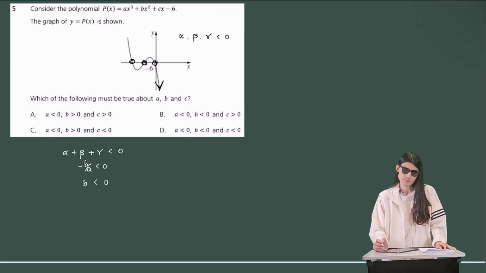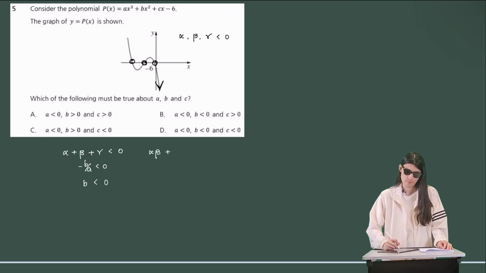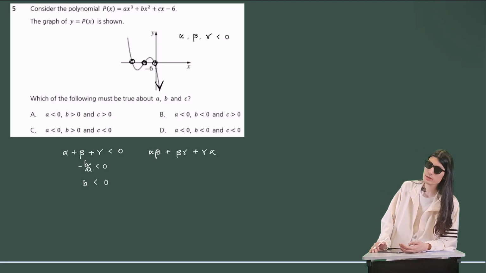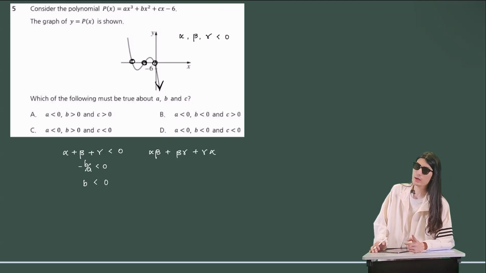Now C, the sign of C can also be figured out in a similar manner. So for C, we can consider the sum of the roots taken two at a time, alpha beta plus beta gamma plus gamma alpha.